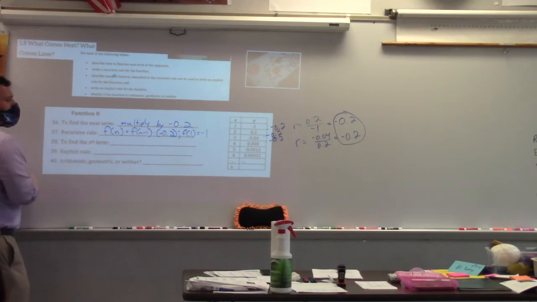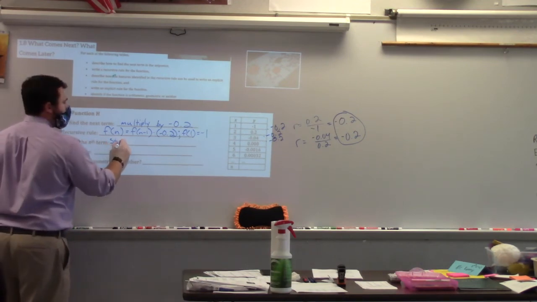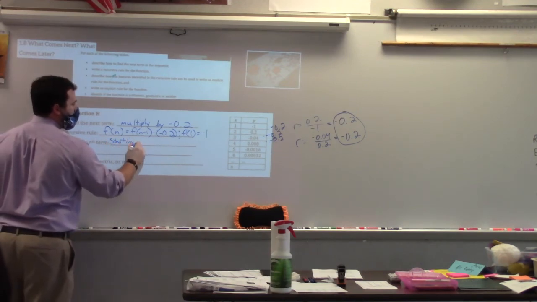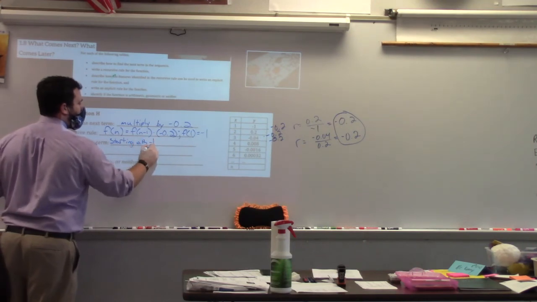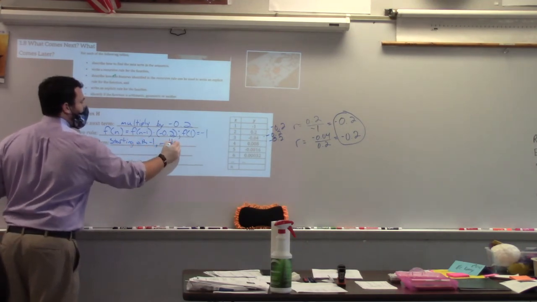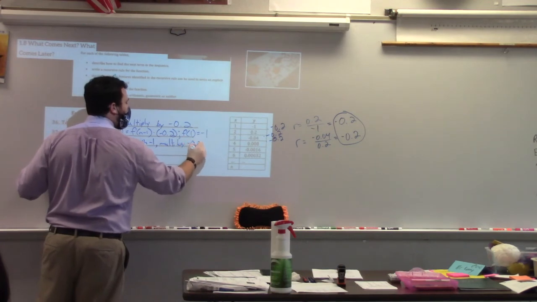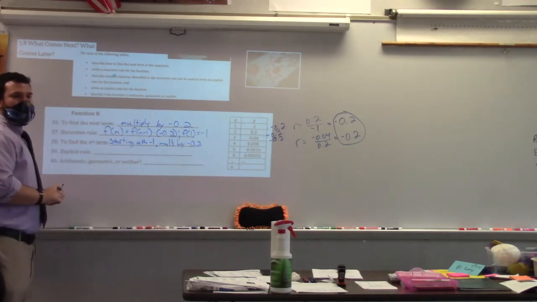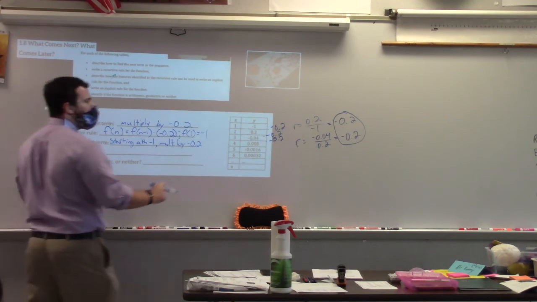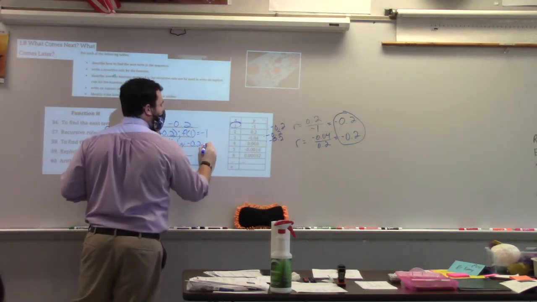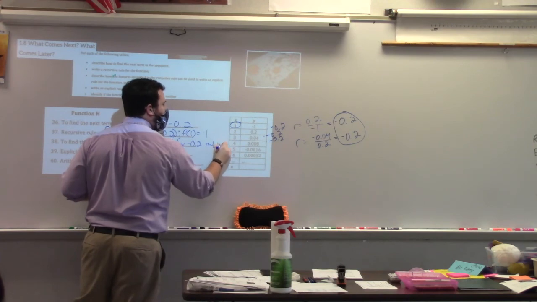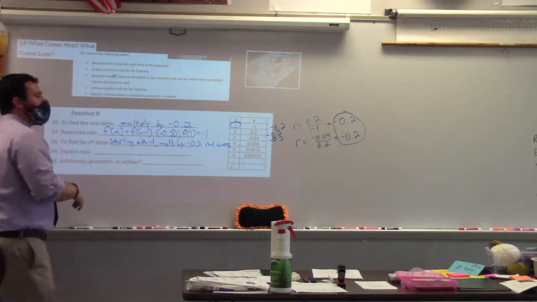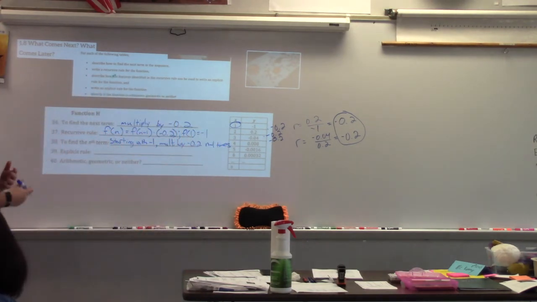So to find the nth term, starting with negative 1, multiply by negative 0.2, how many times? N minus 1 times. See, we need to recognize that. I'm starting at the first term, so it's going to be n minus 1 times. The n allows it to change, but the n minus 1 indicates I don't need to multiply 1 time.